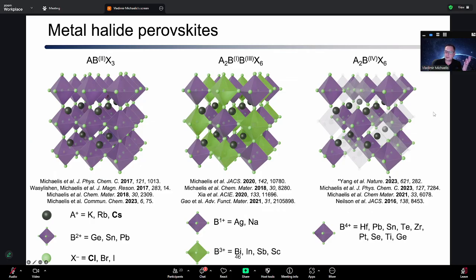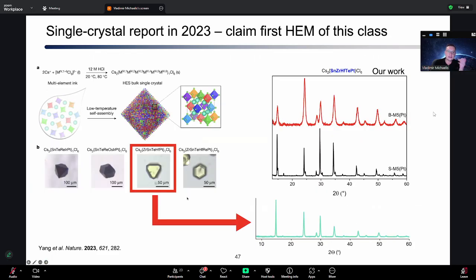This study was originated based on a study that just came out of Nature 2 years ago, and I'll explain why we did that. So this study in Nature from a Berkeley group basically looked at an ink-based approach using the same type of parent compounds, a cesium metal chloride system, where they can incorporate up to 6 different 4+ cations into this.